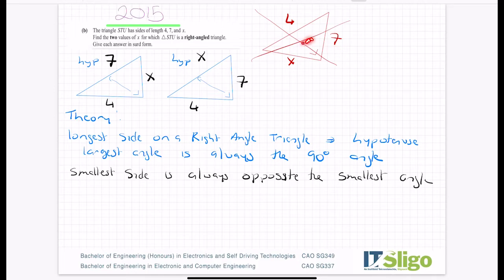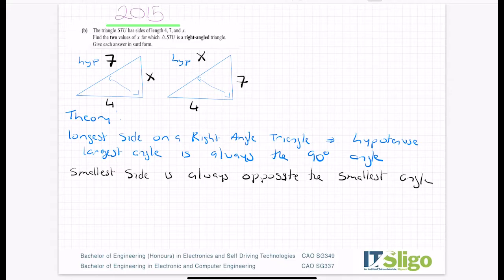So that option of a triangle will never work. This one does, because in our calculations we'll make x be smaller. This one will work because x will be longer than 7 and 4. So that's why I gave you that piece of theory, so that you wouldn't end up drawing that triangle I just rubbed out there in red.